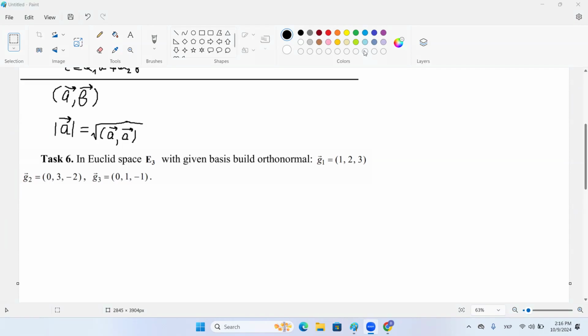No ideas, right? So what is an orthonormal basis?